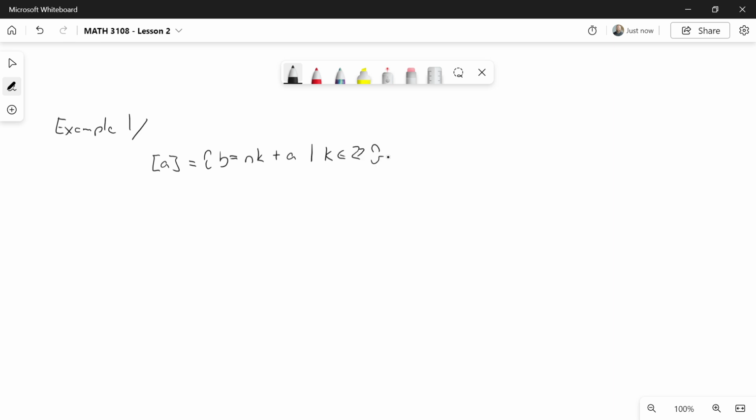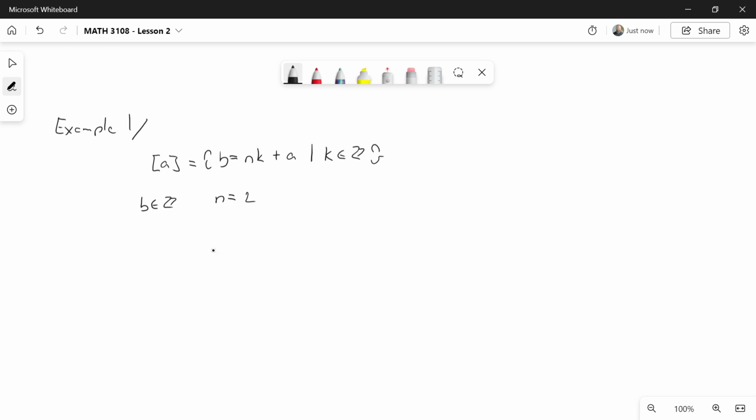So basically the whole idea is if B is an element of Z, and n in this case is equal to 2, then by the division algorithm, if I take any integer inside of Z and I divide it by 2, what is it going to look like?